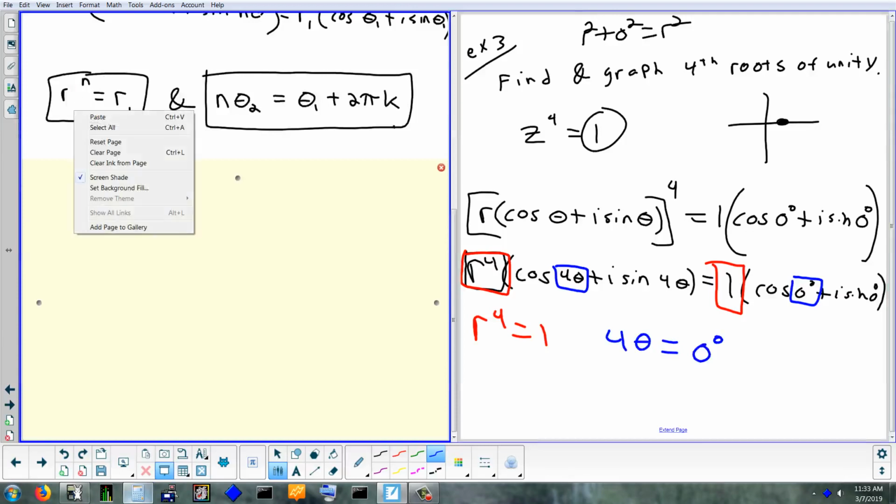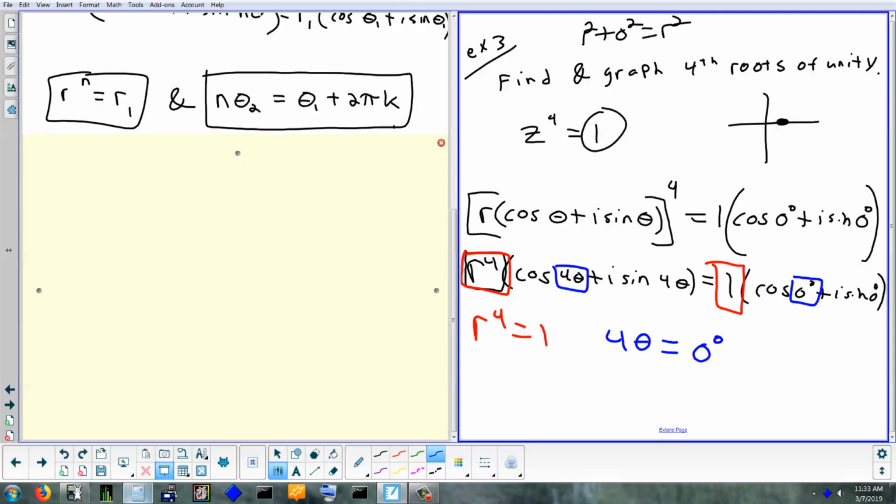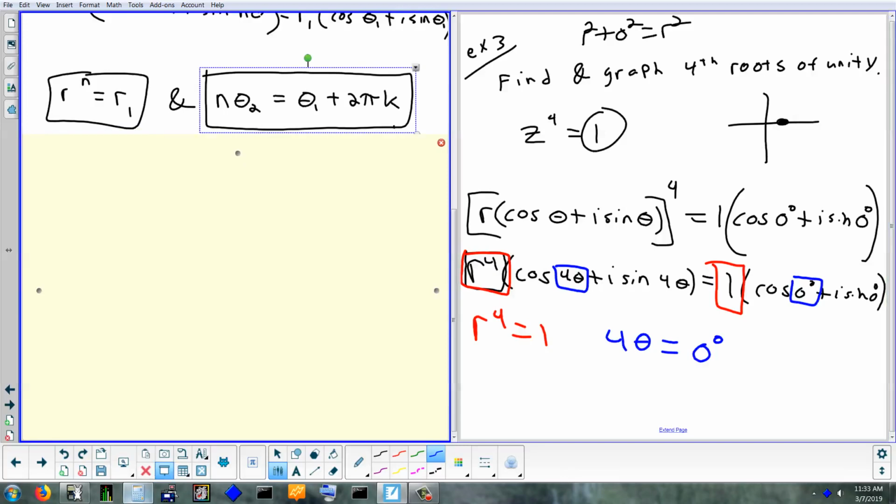So we've got that on the left. r to the fourth equals 1. And on the right, we don't have an n, we have a 4. We have 4 theta equals the angle, which we had as 0, or anything that's coterminal with it.